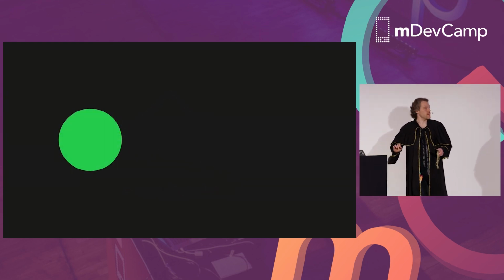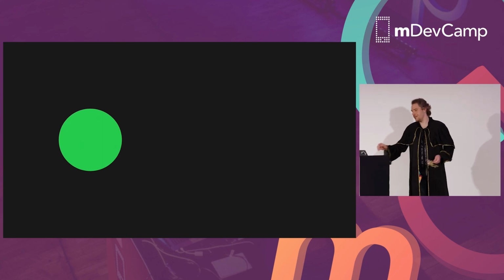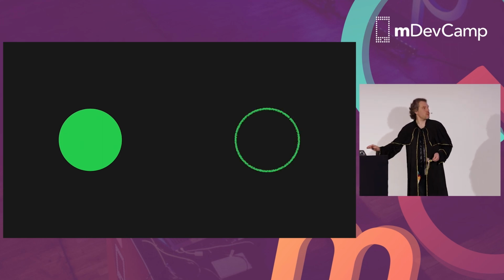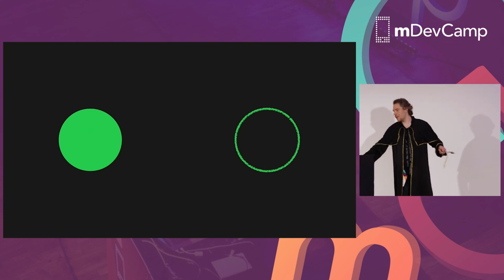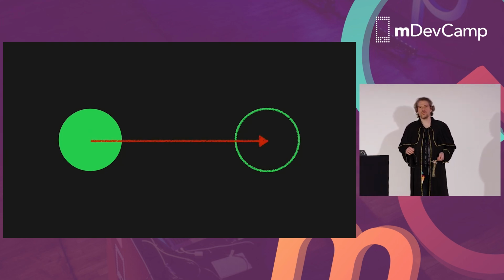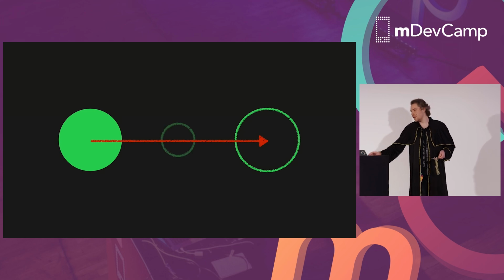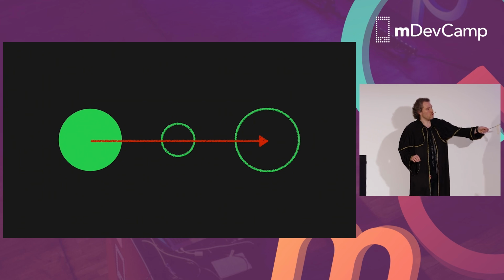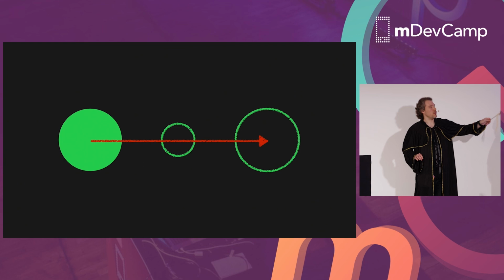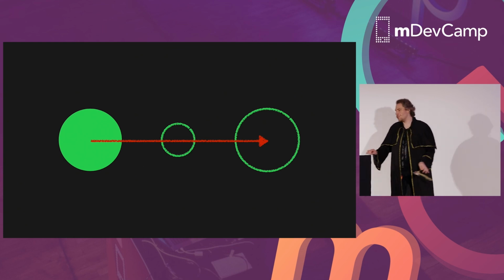Now the question is, what if in my case I want to animate once again from the starting point to the ending point, but during the animation I want to go through some intermediate state. So like here, I want the ball to move, but during the movement, I want it to scale to be smaller and then again scale up to be bigger.